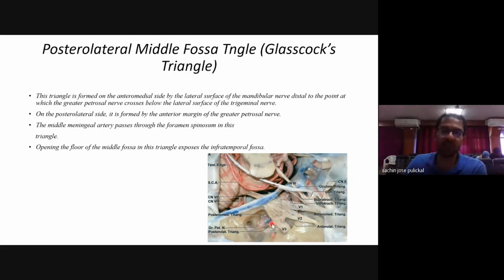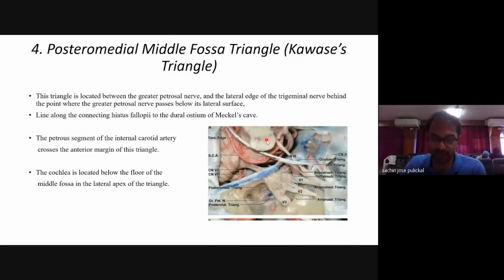But the more important triangle in this area is Kawase's triangle, which is the posteromedial middle fossa triangle, which is this area. It is formed between the greater superficial petrosal nerve and the lateral edge of the trigeminal nerve, between Meckel's cave and the entry of the geniculate ganglion.